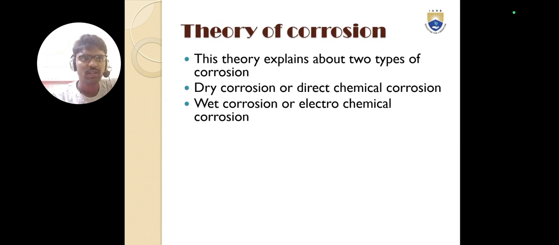The theory of corrosion explains two types of corrosion: dry corrosion or direct chemical corrosion, and wet corrosion or electrochemical corrosion.